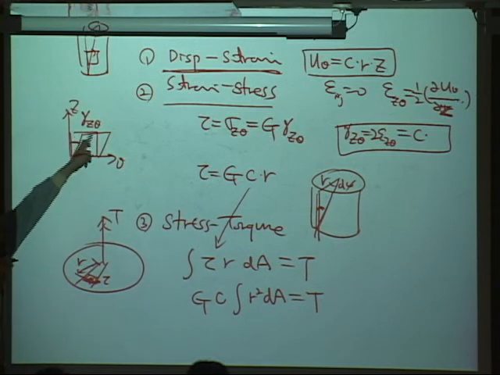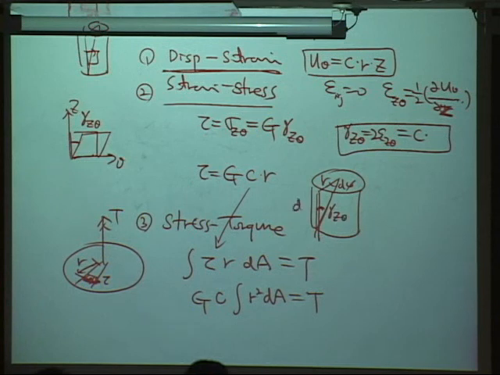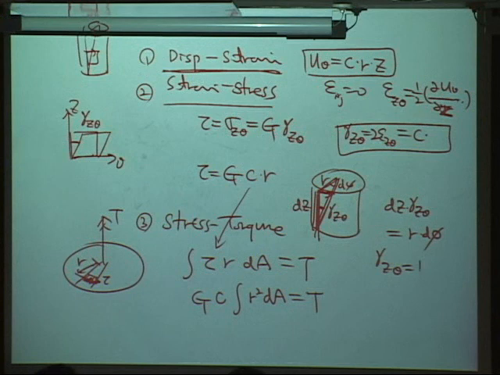And this is a dz. So dz times this length times gamma Z theta should be R times d phi, because this movement can be represented by this one or this one, which means that gamma Z theta equals R times d phi over dz. And simply this is C.